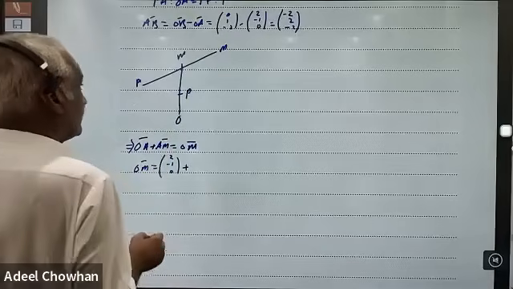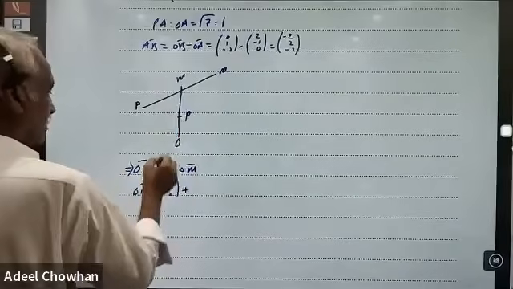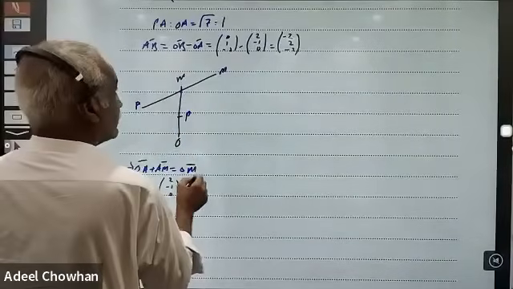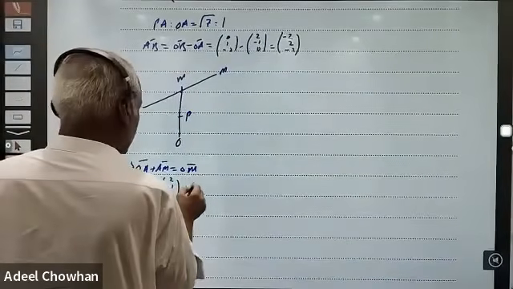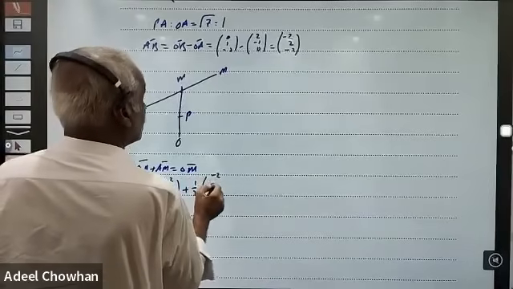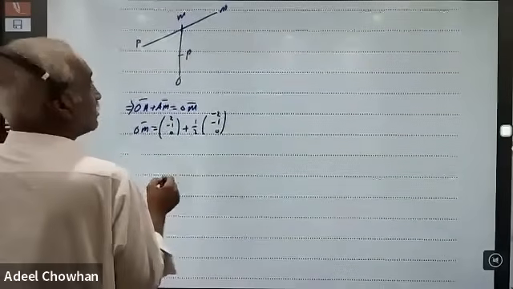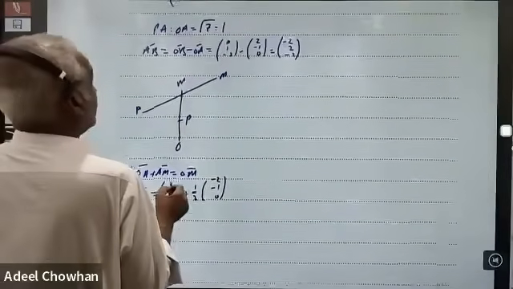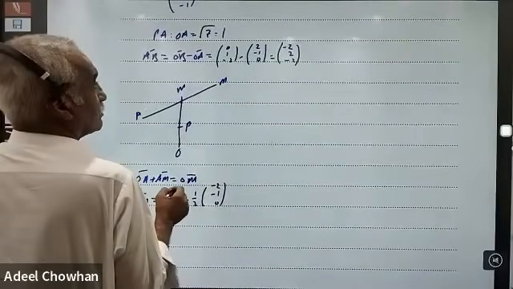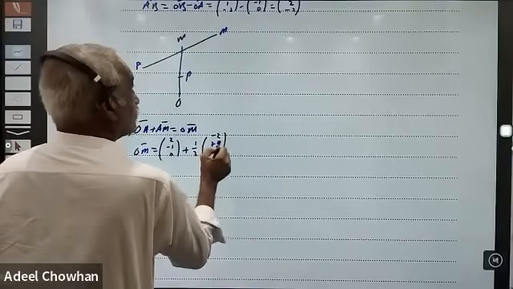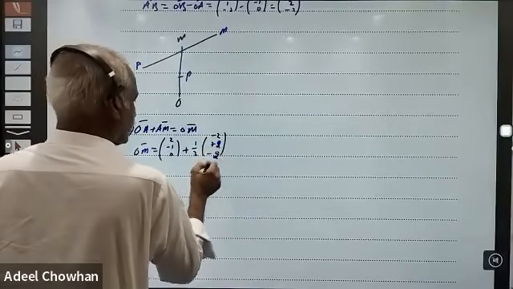AM is half of AB, which is half of (-2, 2, 0).